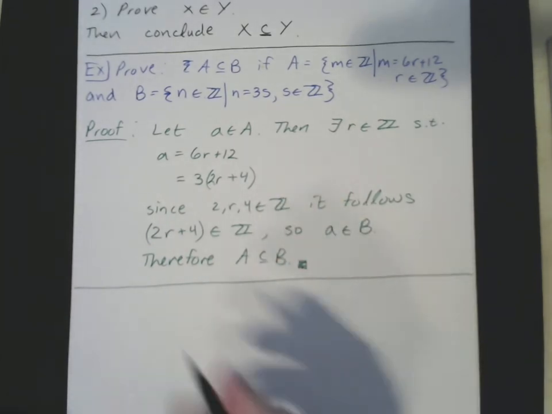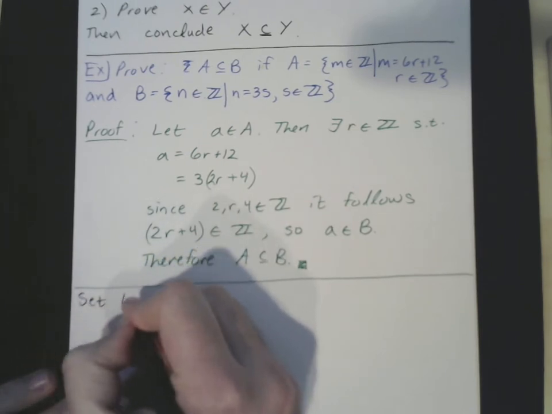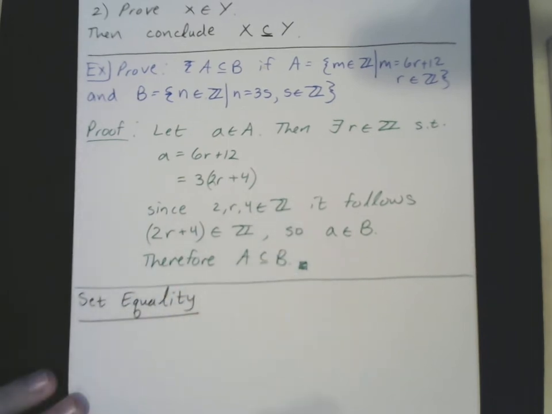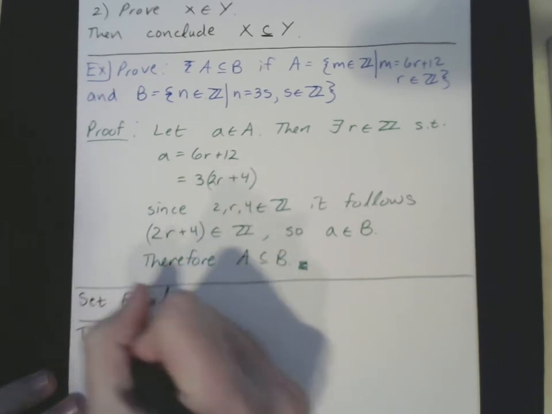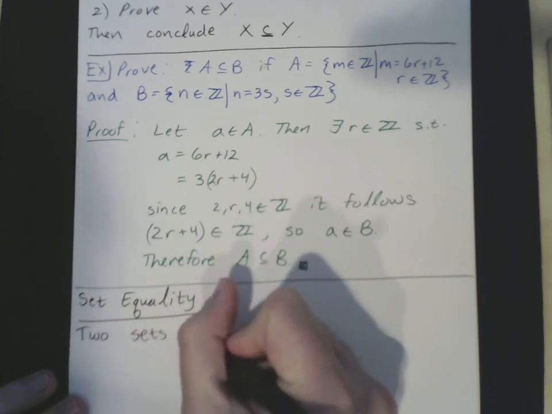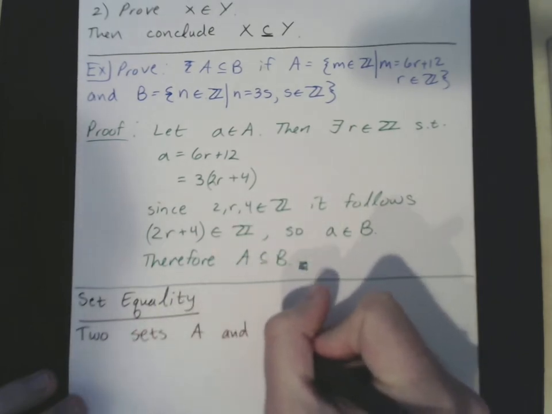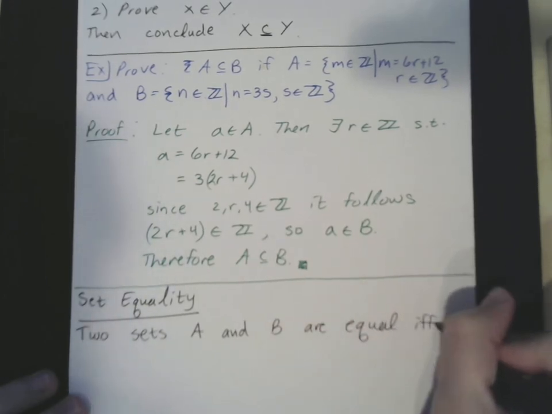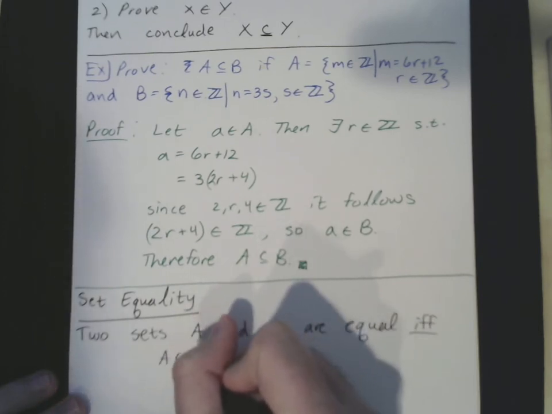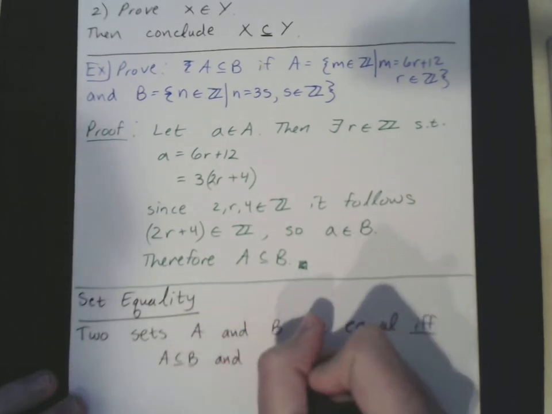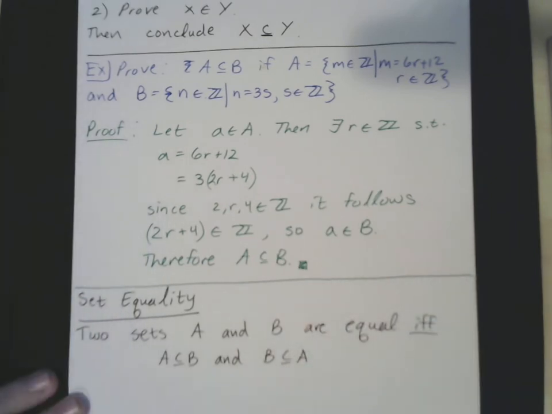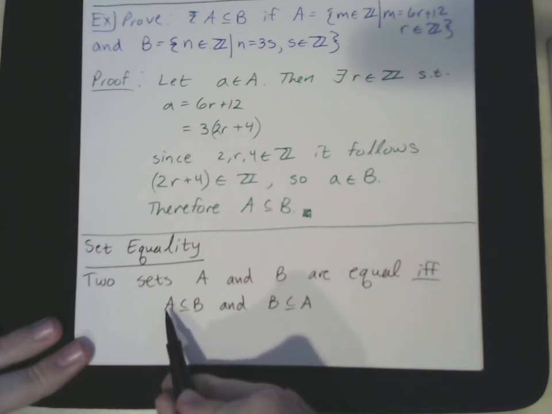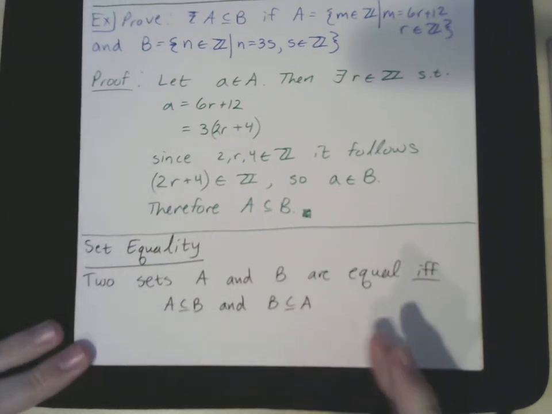So let's talk about set equality. Two sets, A and B, are equal if and only if A is a subset of B and B is a subset of A. So if everything in A is in B and everything in B is in A, well then they have to be equal.